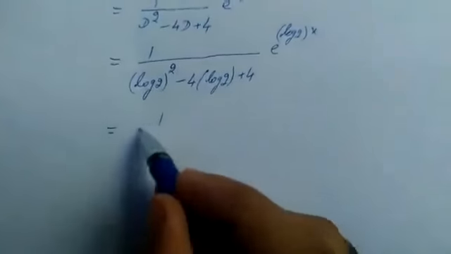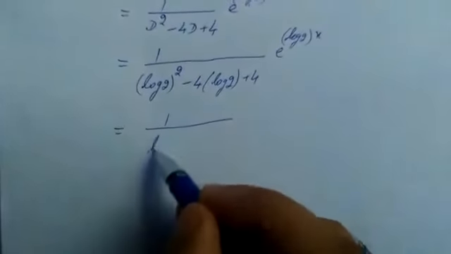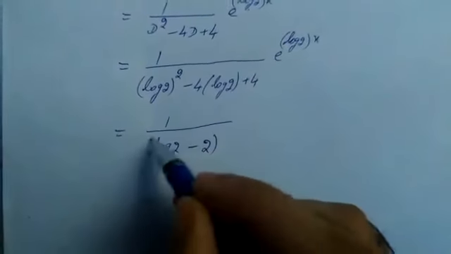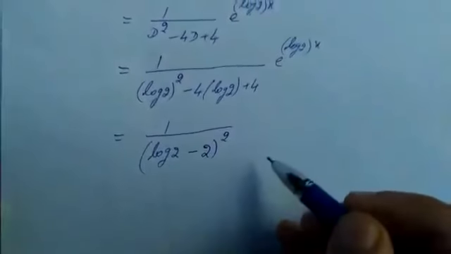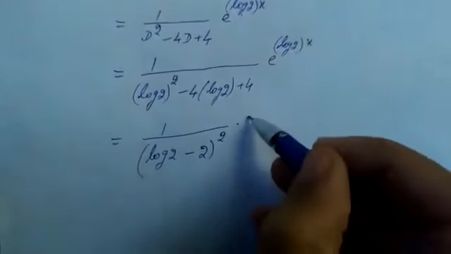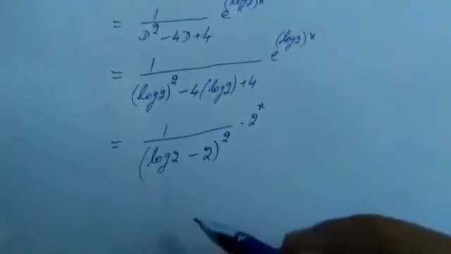That is 1 by, this we can write like this, (log 2 minus 2) the whole square, into, now we can go back, that is simply 2 raised to x. This is the particular integral.